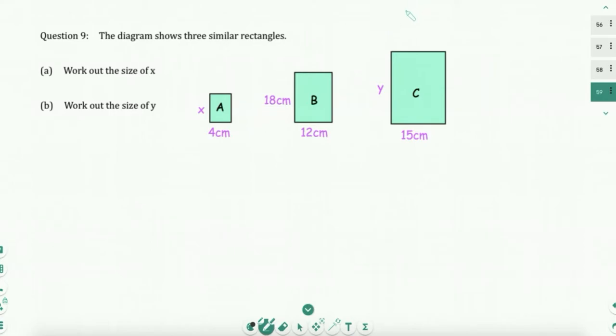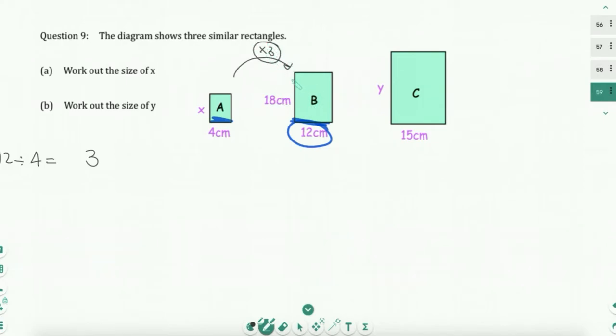To work out the size of X, I can use rectangles A and B to help me. Let's look at these two corresponding sides because we have both of those lengths. How many times bigger is this length than this length? I'll just do 12 divided by 4, which is 3. So the scale factor between A and B is multiplied by 3.